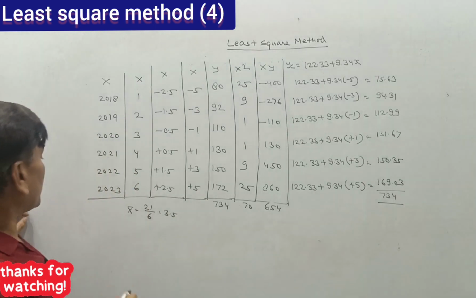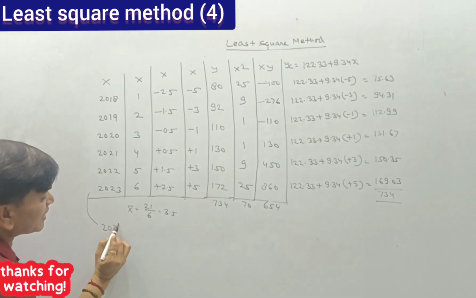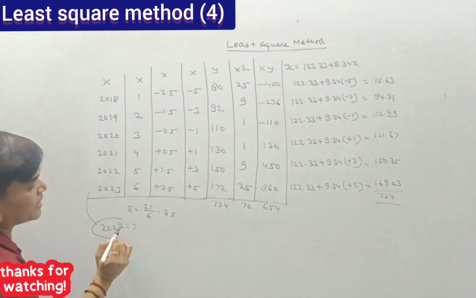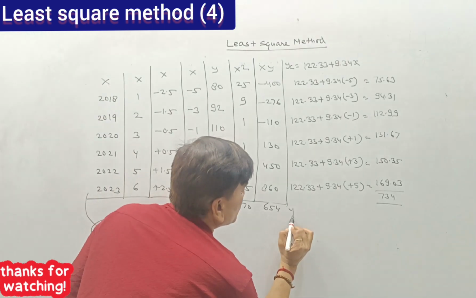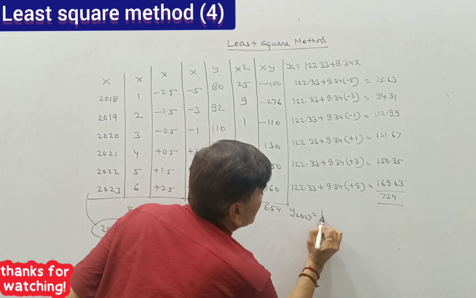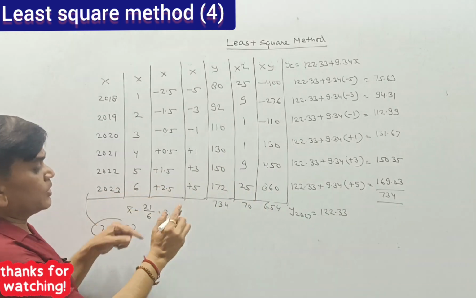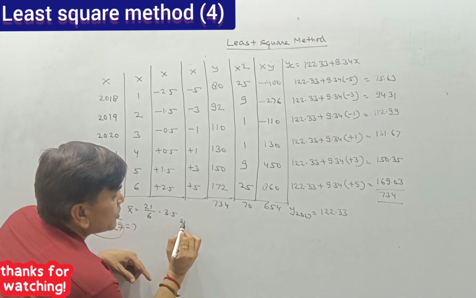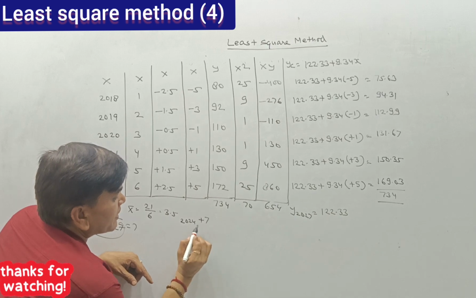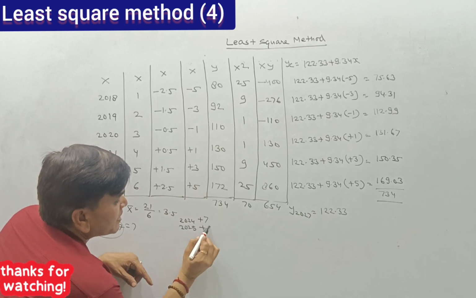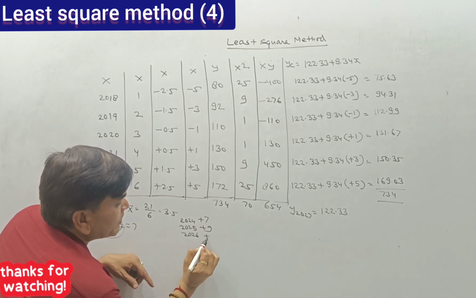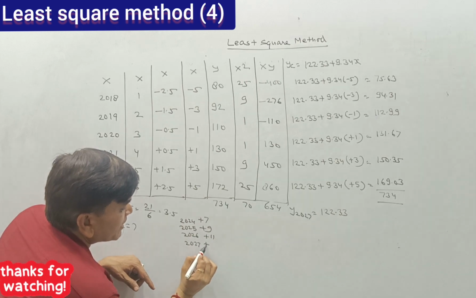Now if you want to calculate the prediction for 2027, why 2027? The value is 122.33 in 2024, 2025 plus 7, 2026 plus 9, 2027 plus 11, plus 13 is there.